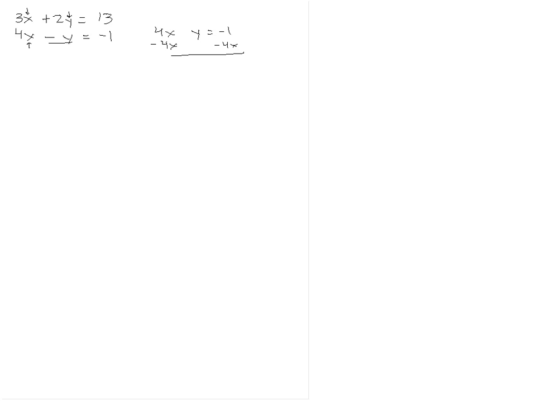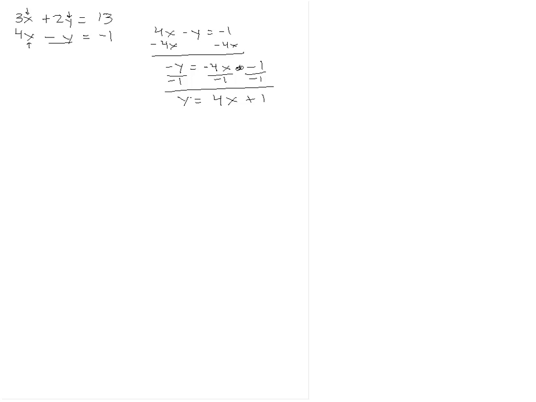I get -y equals -4x, oops, -1. It doesn't matter if I write it -4x minus 1 or -1 minus 4x, doesn't matter. But I do have to get rid of this negative. So I get y equals positive 4x plus 1.